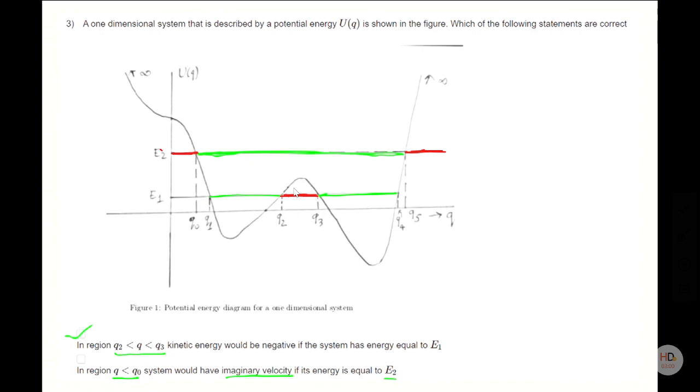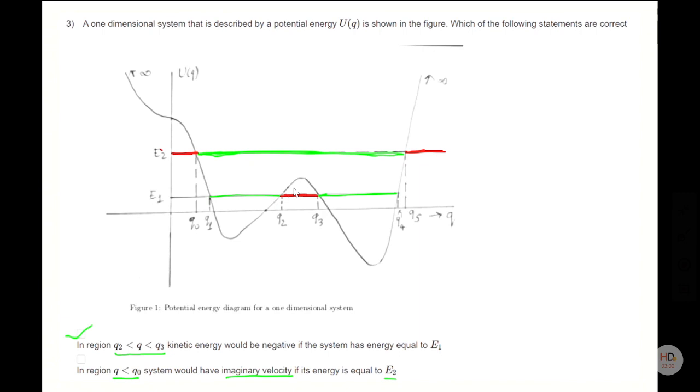Anyone? I think it's not correct. Okay. And why? Imaginary velocity, I'm assuming it has something to do with complex numbers, but velocity has to be real. So it can be negative, but it cannot be imaginary. I see. Okay. In the same way, you can say that kinetic energy can also never be negative, right?